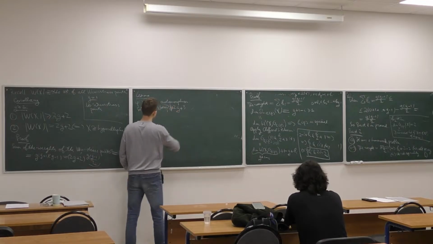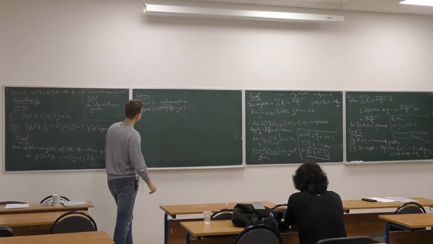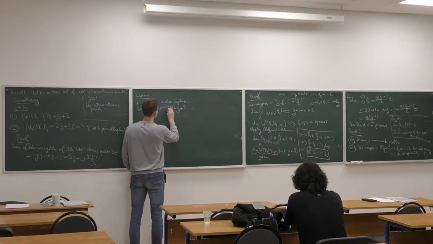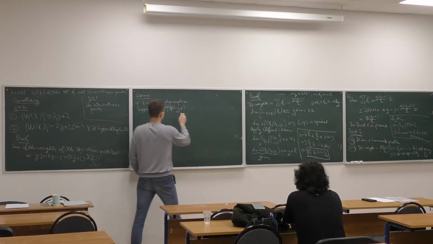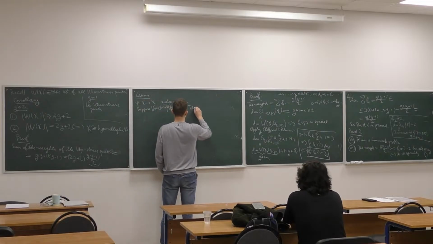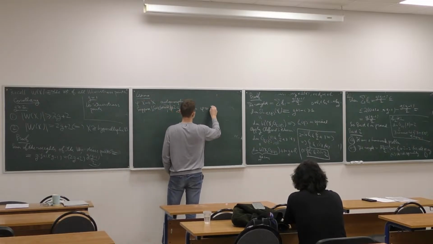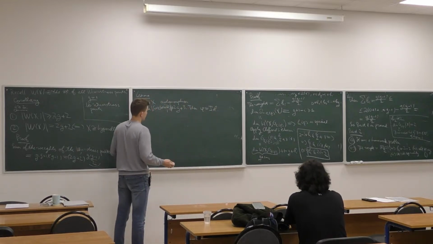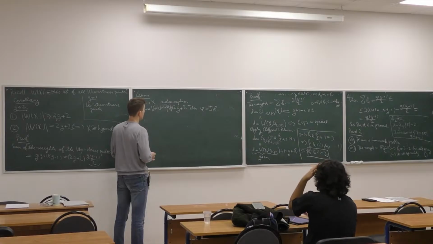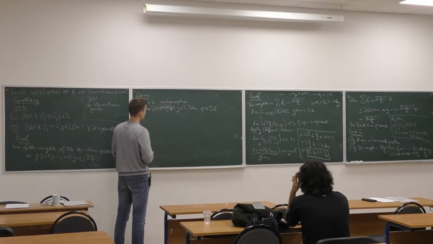Suppose the number of elements here is greater or equal than 2g plus 3. Then phi is the identity. Actually, a non-trivial automorphism cannot have more than 2g plus 2 fixed points.